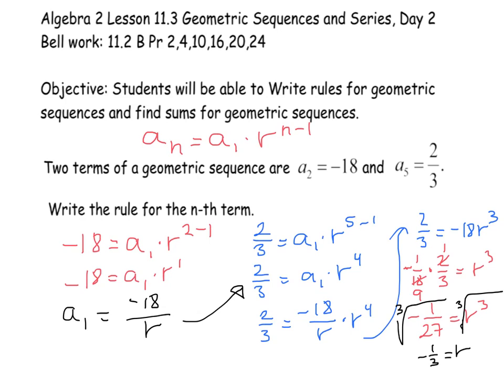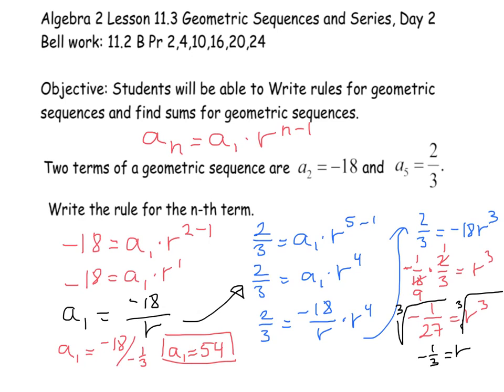Now if I substitute this into a1, I get a1 equals negative 18 divided by negative 1/3, which is multiplied by the reciprocal. So a1 is negative 18 times negative 3, which is 54.